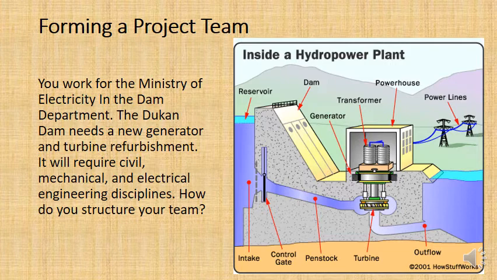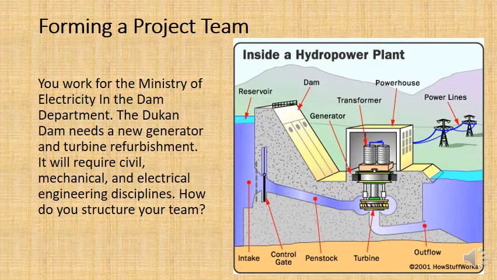But the turbine, that's going to be spinning around, and that's connected with a generator. All of those components are the responsibility of mechanical engineers. Now, the generator is going to charge the stator, and that is going to charge the transformers, and then you've got power lines. All of that is the responsibility of electrical engineers.